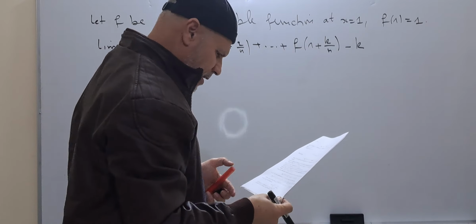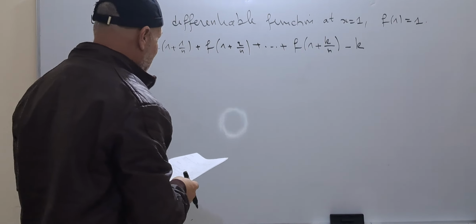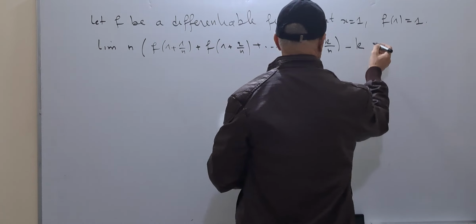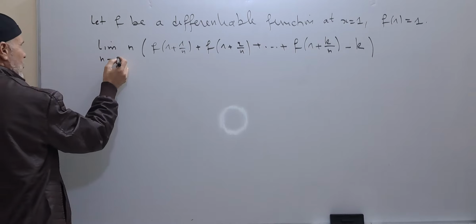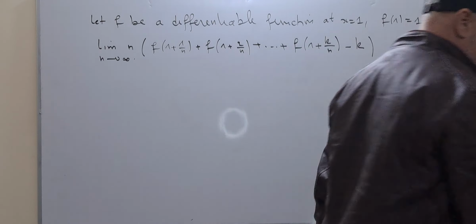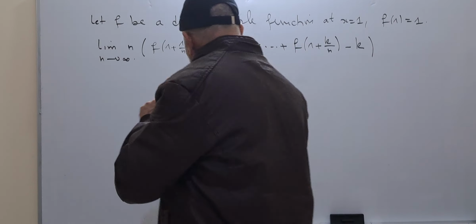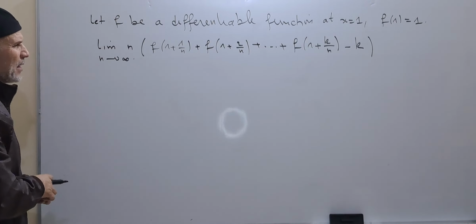This is exactly when n goes to plus infinity. So this is the limit when n goes to plus infinity. This is a little bit as the previous question. It's a little bit different.